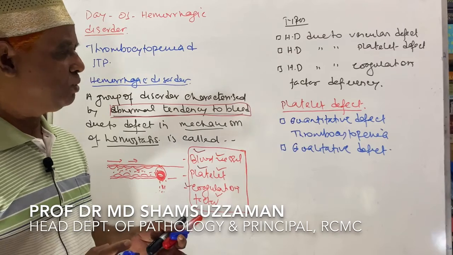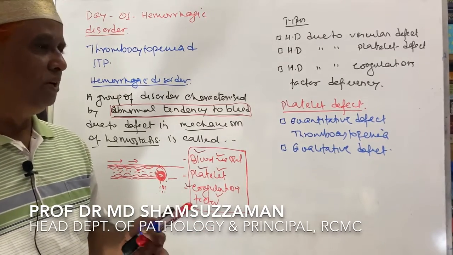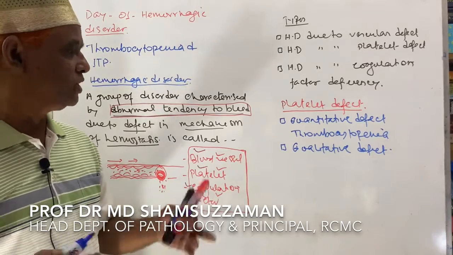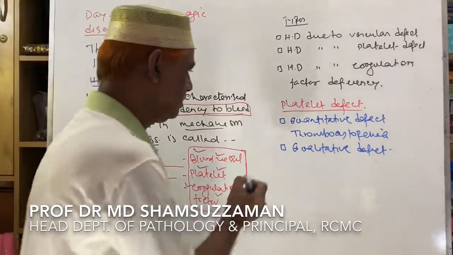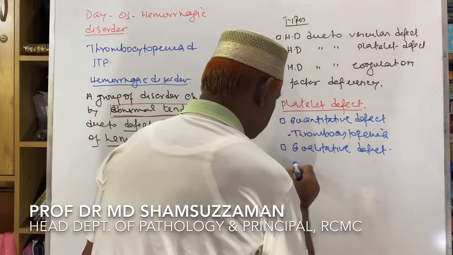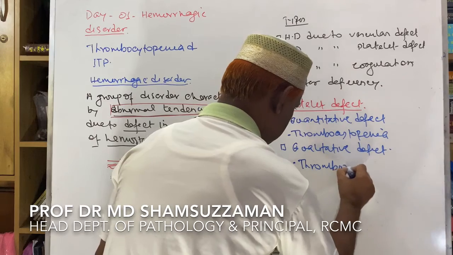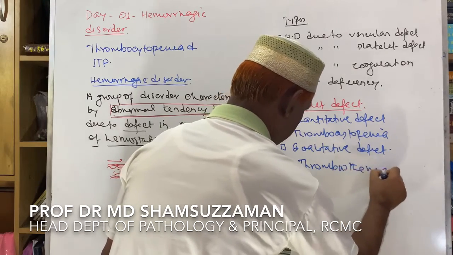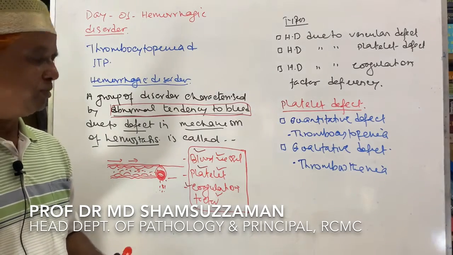There is a functional defect in platelets, and this is called thrombasthenia.